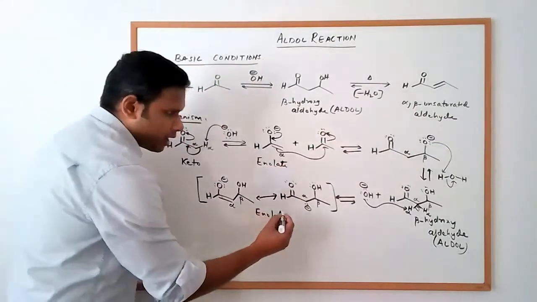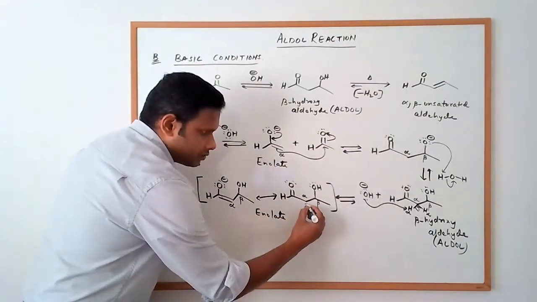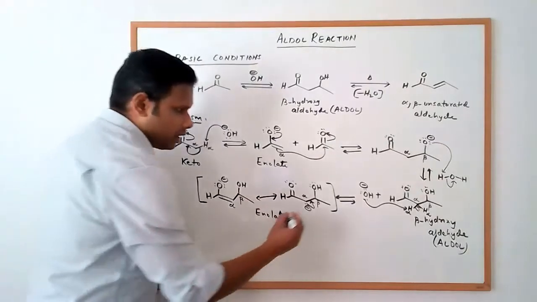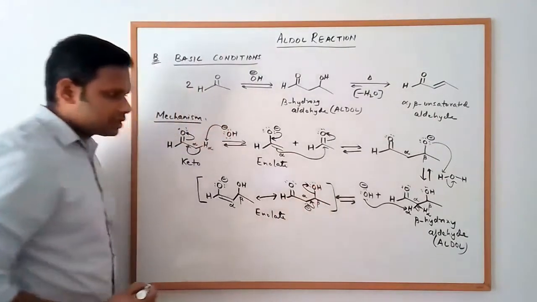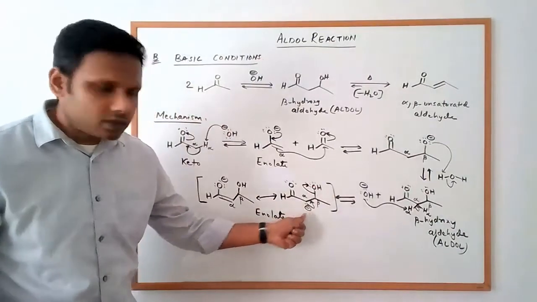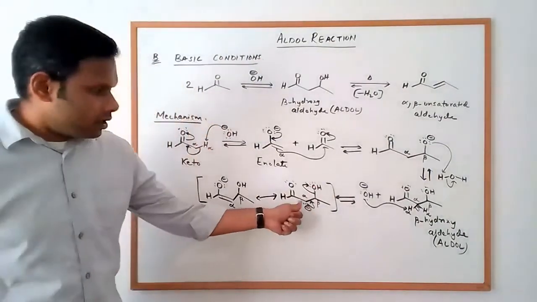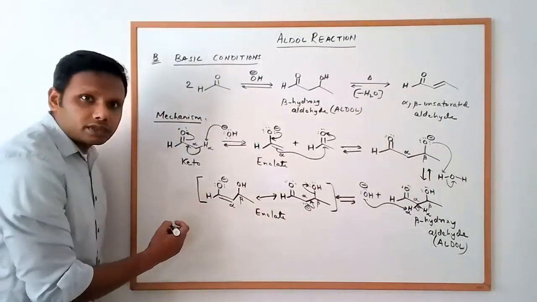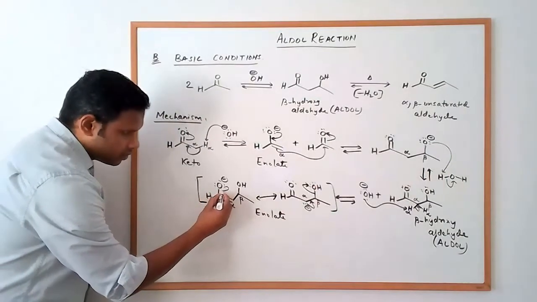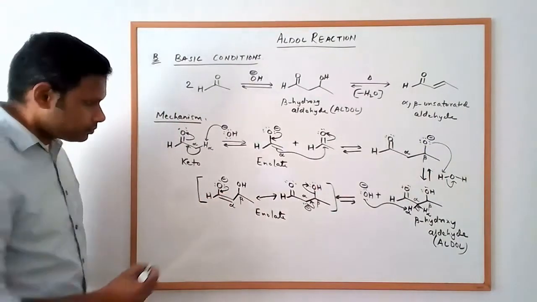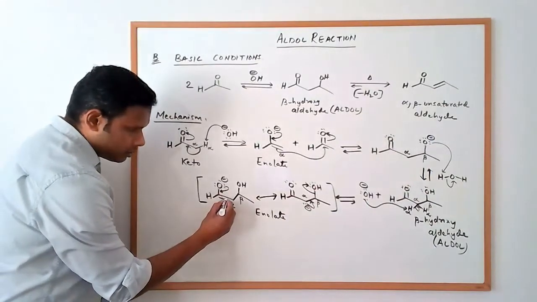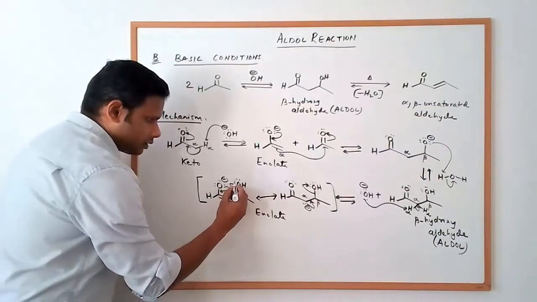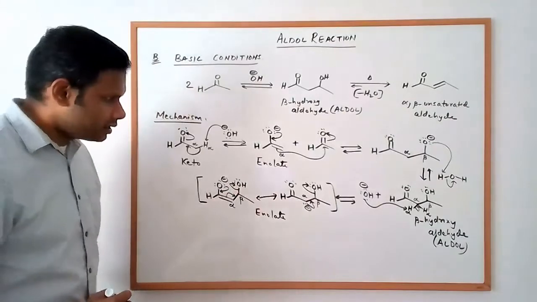So essentially what happens is the negative charge here goes to the space between alpha and beta carbons, and simultaneously the hydroxide is kicked out. You can show that loss of the hydroxide from this first resonance form, or from the second resonance form. The way we show it here is we use the lone pair on the oxygen, bring it down. Simultaneously, one of the bonds goes to the space between alpha and beta, and the hydroxide gets kicked out.